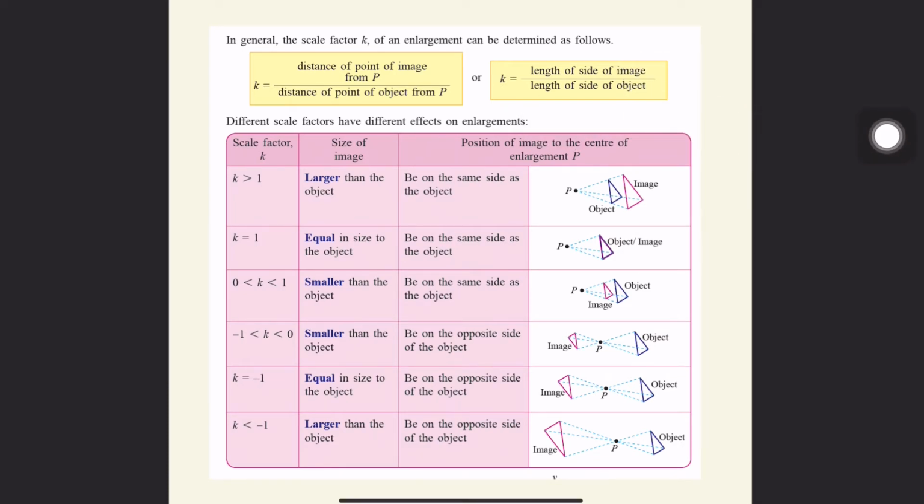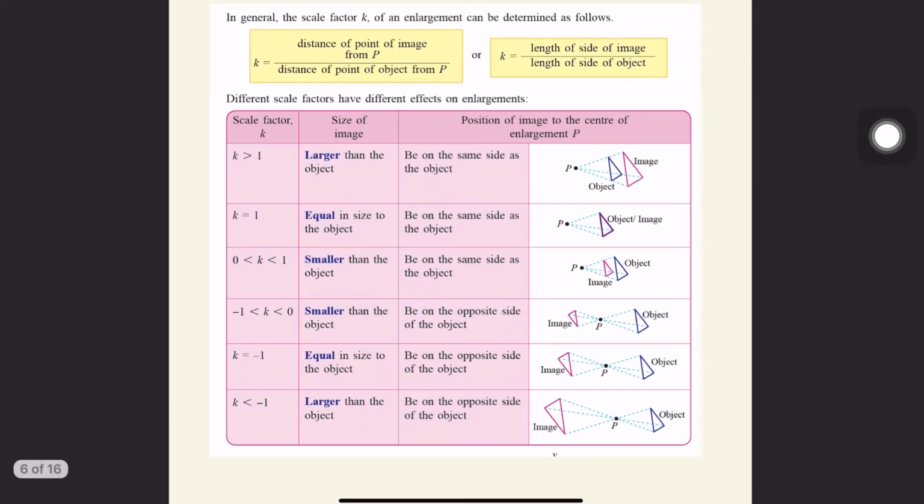Remember that. So actually you have a few cases, a few situations of K. Over here we have 1, 2, 3, 4, 5, 6. Remember, different scale factors have different effects on enlargement. Let's look at the first one.